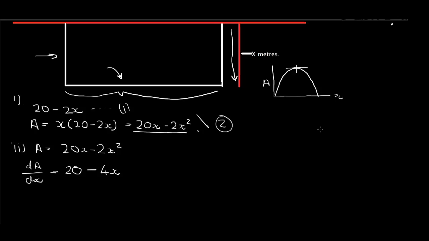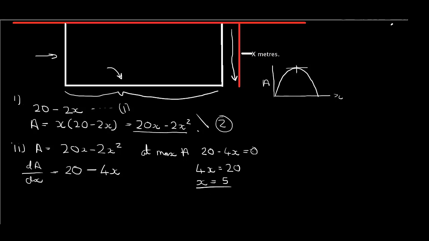So we can say at maximum A, which is this point here I've just identified, then dA/dx equals 0. So 20 minus 4x equals 0, which means 4x equals 20, which means x equals 5. And we get another mark for that.